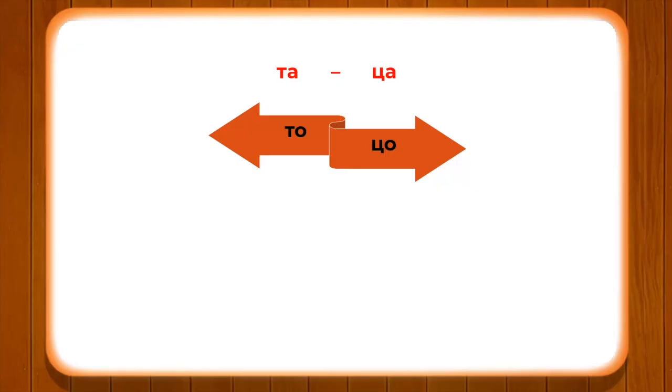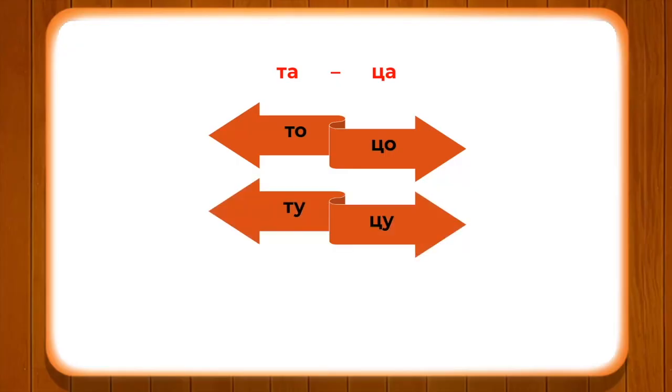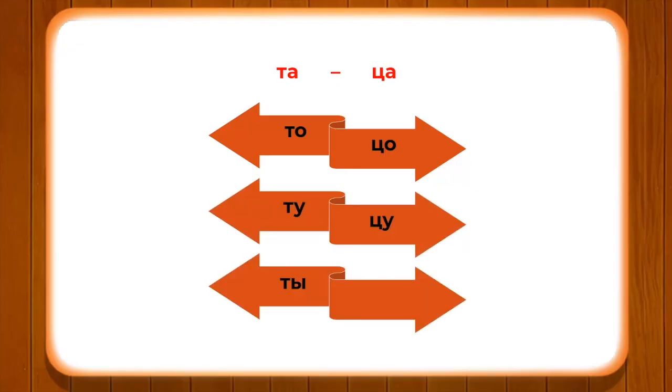Ta, Tsa, To, Tso, Tu, Tsu, Tu, Si. And now we are going to look at the combination where Tsa comes first and then the letter T. First we have done Ta and Tsa, now we are changing to Tsa and Ta.